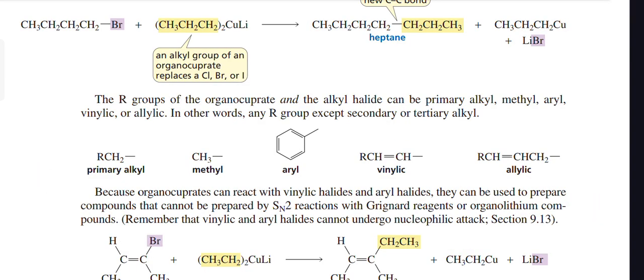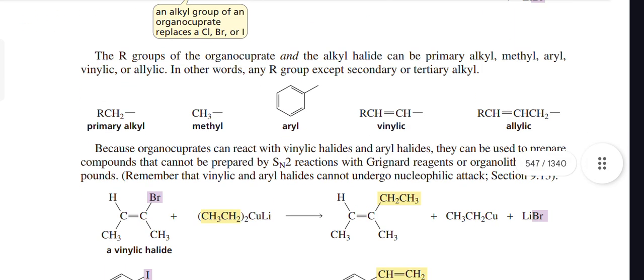The R groups of the organocuprate and the alkyl halide can be primary alkyl, methyl, aryl, vinylic or allylic. In other words, any R group except secondary or tertiary alkyl. Because organocuprates can react with vinylic halides and aryl halides, they can be used to prepare compounds that cannot be prepared by SN2 reactions with Grignard reagents or organolithium compounds.